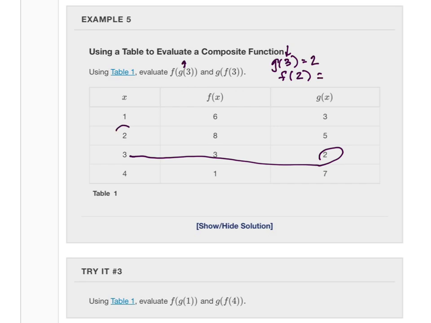What is f of 2? 8. So when x is 2, f of 2 is 8. That's my answer. F of g of 3 is equal to f of 2, which is equal to 8.